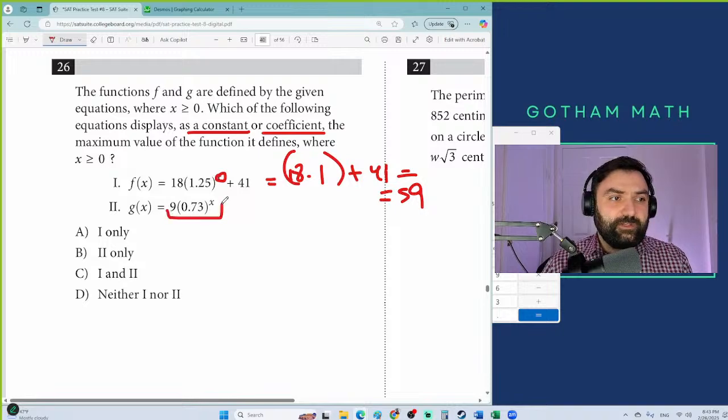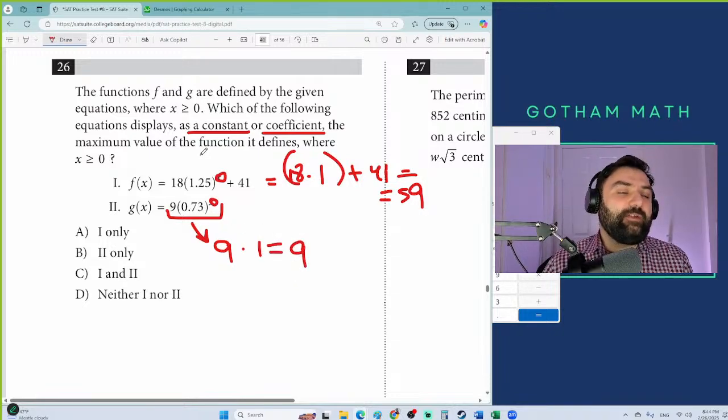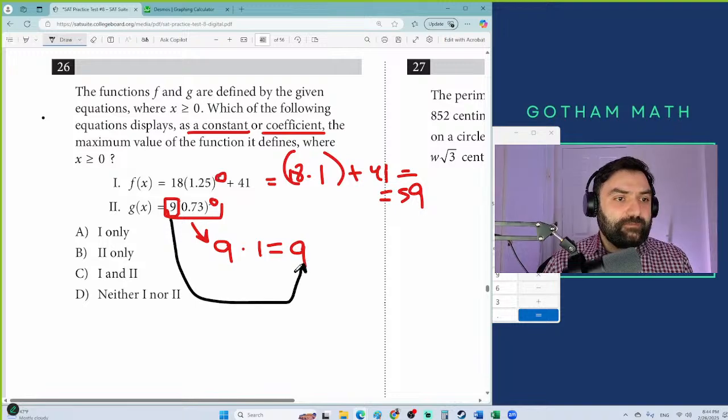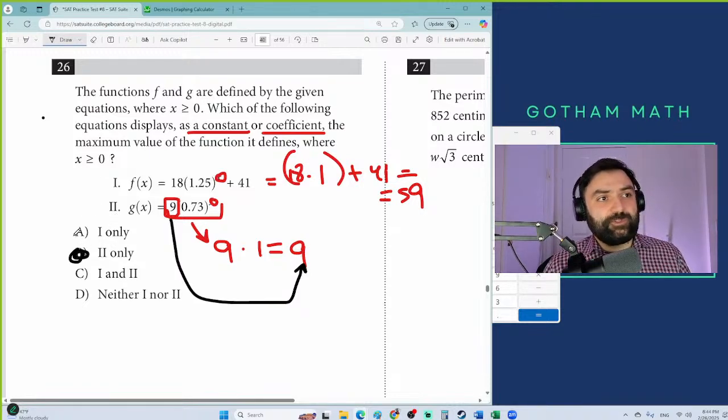But in this one, it's going to be 9, and if this is 0, it's going to turn this parentheses into 1. It's 9 times 1, which is 9. And I remember those questions. The answer choice was the one that just keeps being what it was in the coefficient. Like coefficient is the answer. So I think this is it. It's just 2. I'm going to confirm it right now.